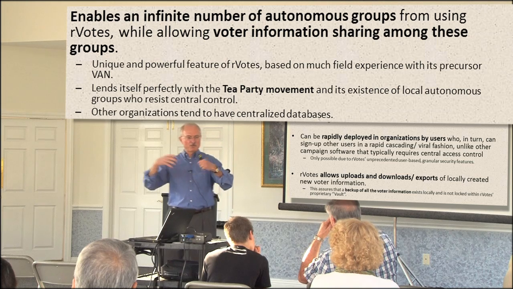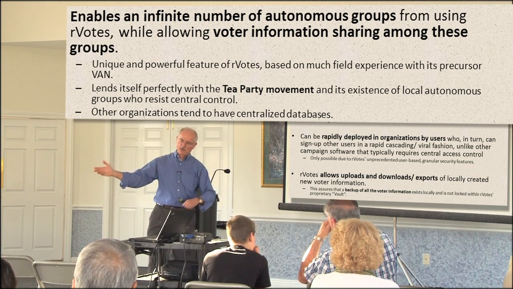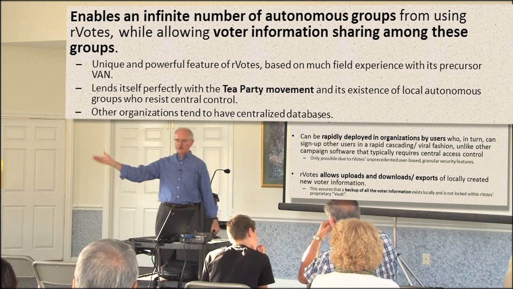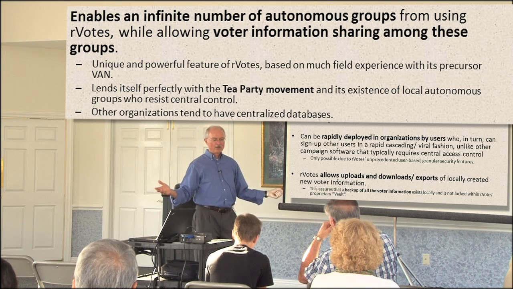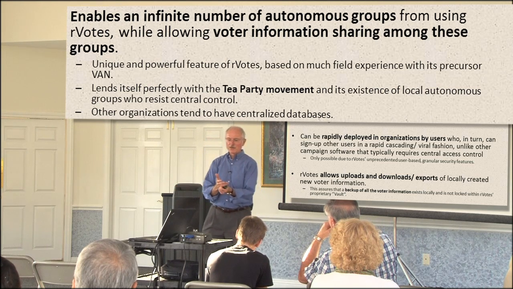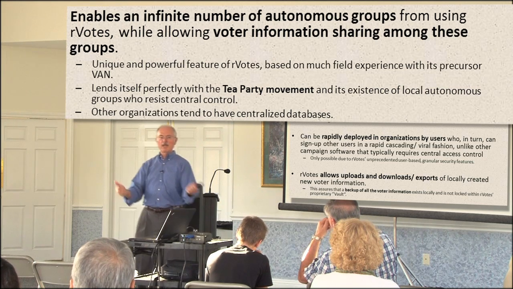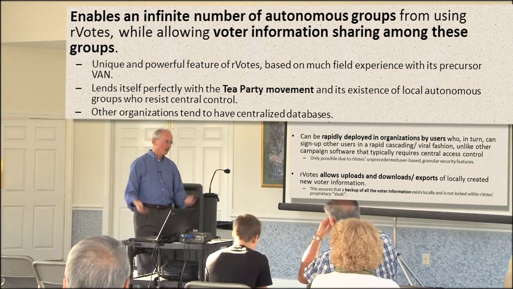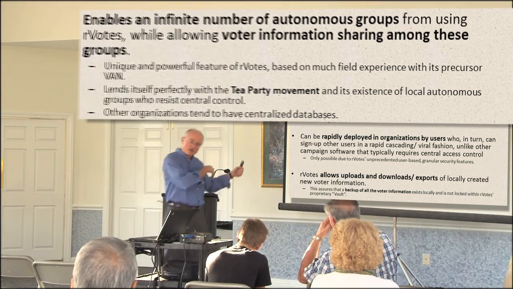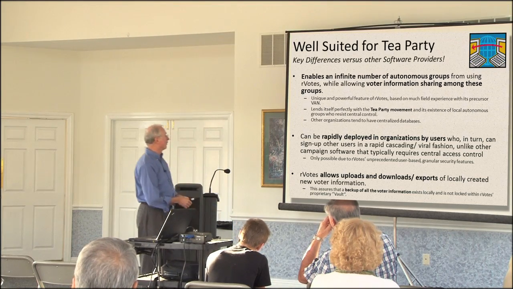And even when you've got Tea Party groups that split up, the leaders get into a battle, they have difference of opinion. But again, they may not like each other all that well, but they hate the left more than they dislike each other, okay? So they'll work together on a common cause. So rVotes is ideally suited for that.